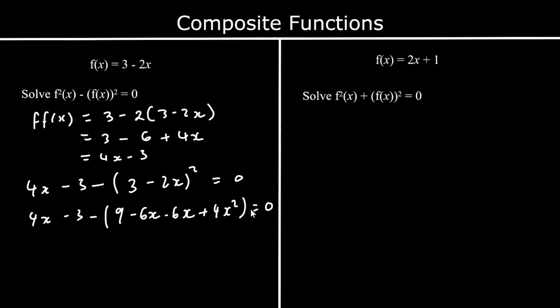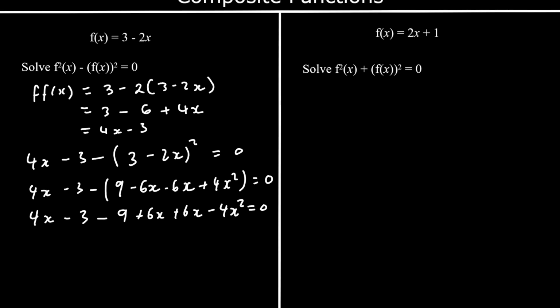We're taking away all of that though, so we've got 4x minus 3 minus 9 plus 6x minus 4x squared equals 0. So our x squareds, we've got minus 4x squared. For our x's, we've got 4, 6 and 6, that's 16 x's. And we've got minus 3 minus 9, which is minus 12.